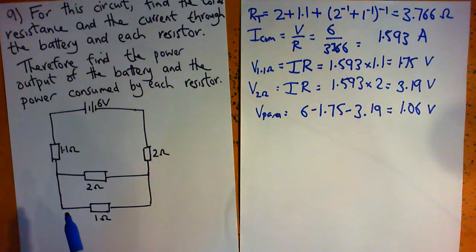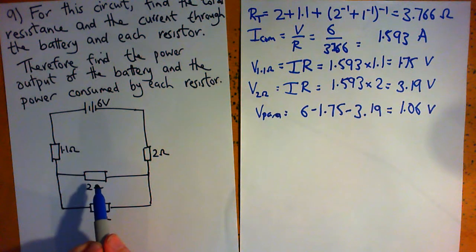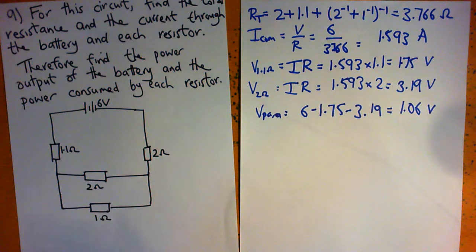Now let's work out the current through the parallel 2 ohm resistor and the 1 ohm resistor.